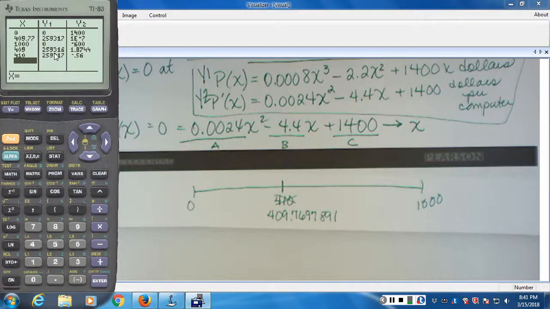That's why this is important. You need to be able to find when things are at their maximum and when they're increasing, like when you have profits, you want it to increase. But you don't want it to decrease, so you need to know when you should stop. And then the same thing with cost. You would like for your cost to be low.